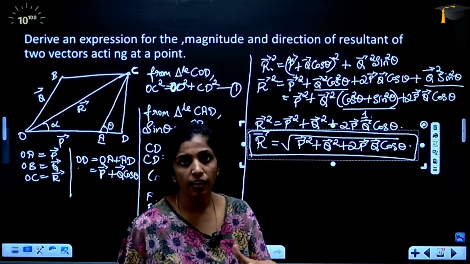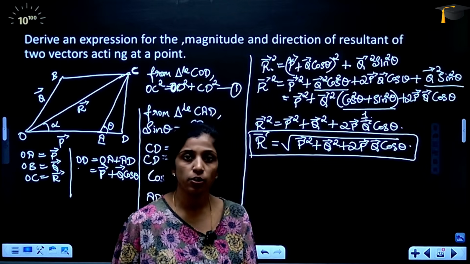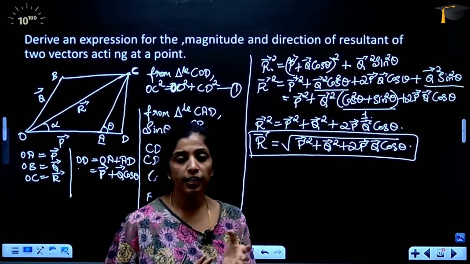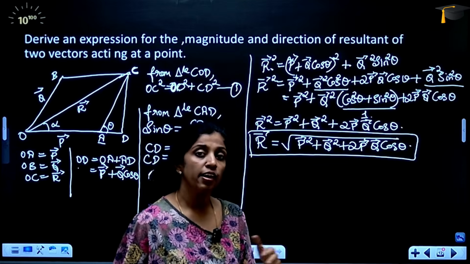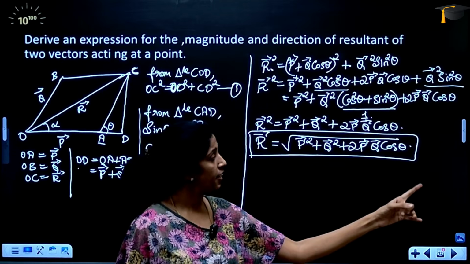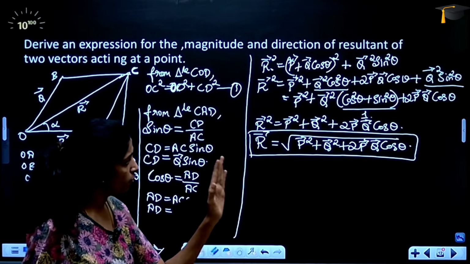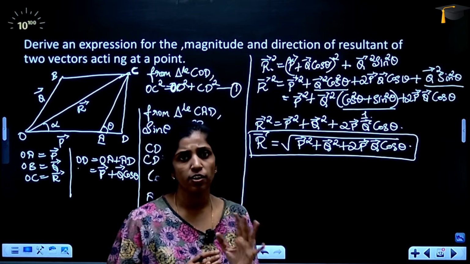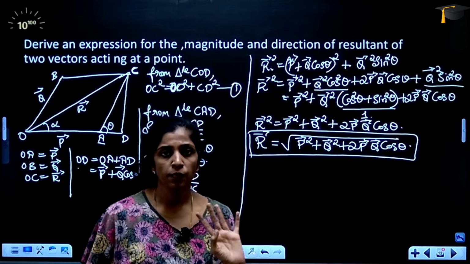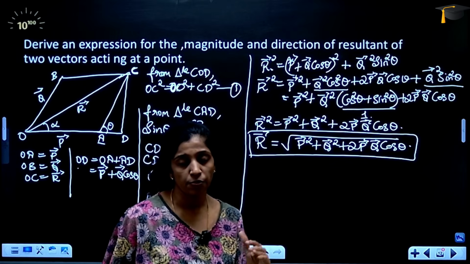If both vectors are parallel, then put theta as 0 degree. If they are perpendicular, then take theta as 90 degree. If they are anti-parallel, then take theta as 180 degree. Then finally you will get the resultant. Any one of these conditions might be helpful for the MCQ section.